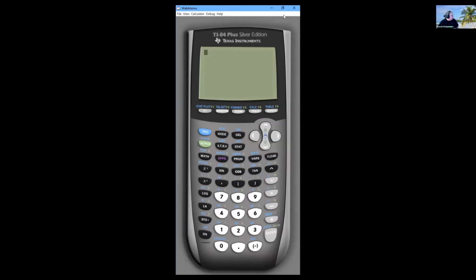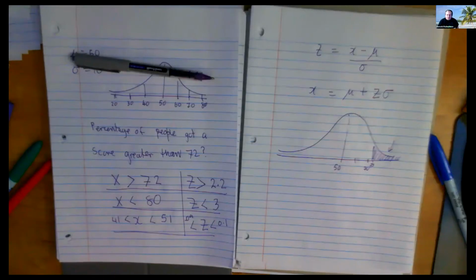No, I can't. Okay. I want to know the percentage of people who got a score greater than 72. And I'm going to use that calculator and a feature that it has inside it to do that. I'm having technical issues. Oh, here we go. I have a thing hidden under another thing. I need to show you the beginnings of that before I jumped into the calculator. I was too quick for my own good.